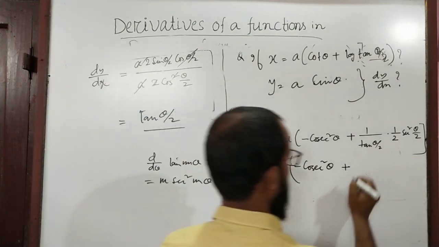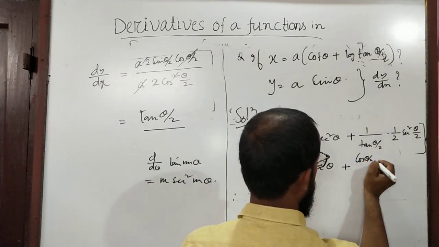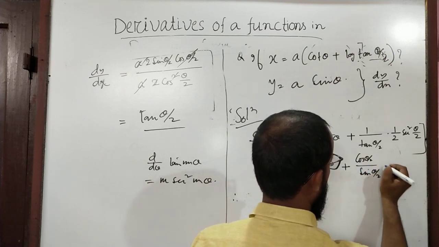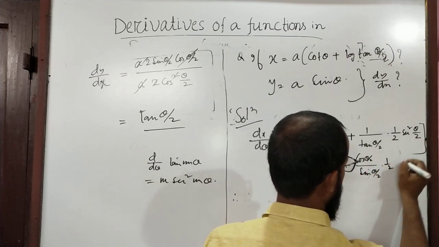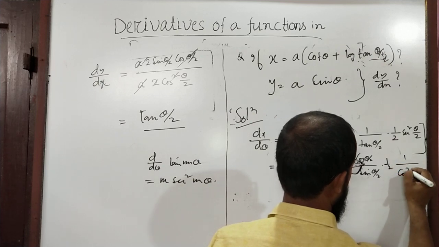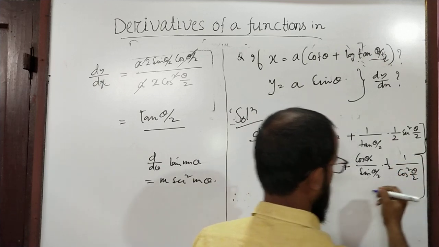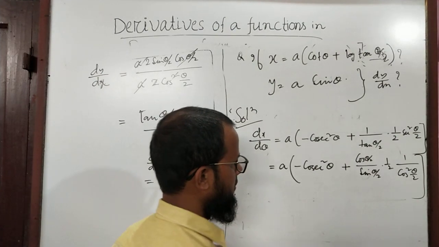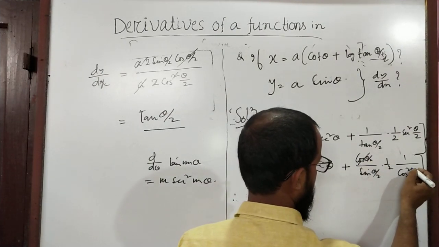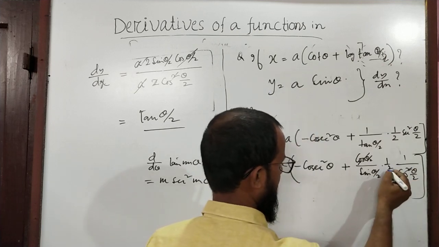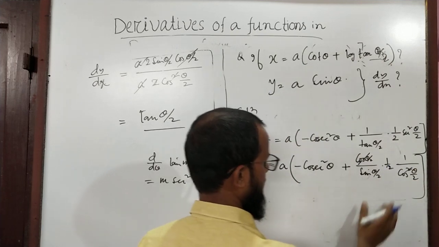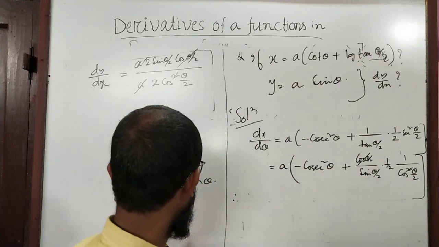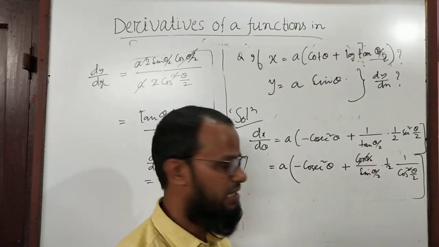It will be cos theta by 2 by sin theta by 2, and half is there, and it will be written 1 by cos square theta by 2. Now some calculations are required. It will be cancelled with this one, and finally what will be the denominator? Here the denominator is 2 sin theta by 2 cos theta by 2, and 2 sin theta by 2 cos theta by 2 means sin theta.